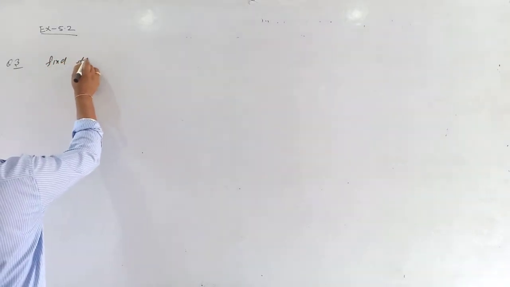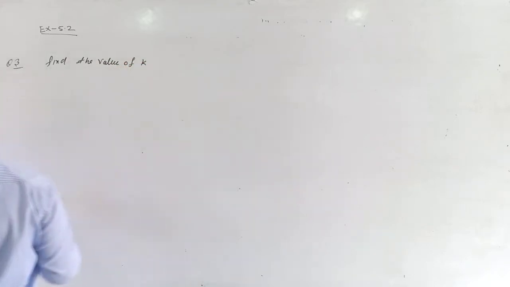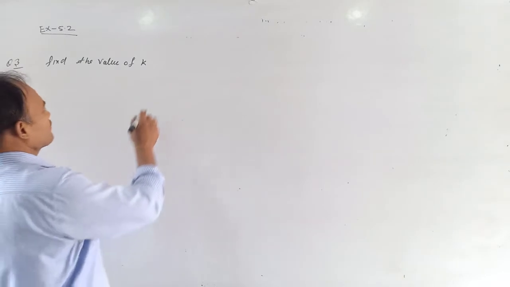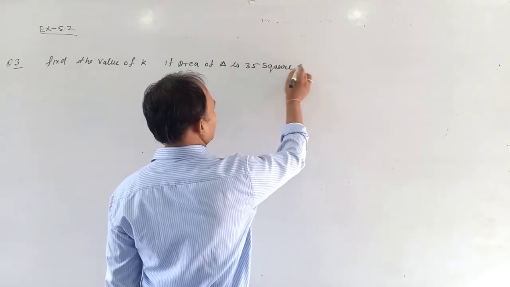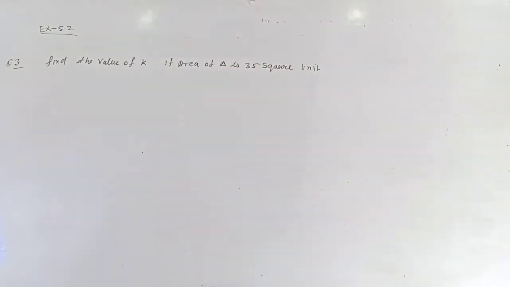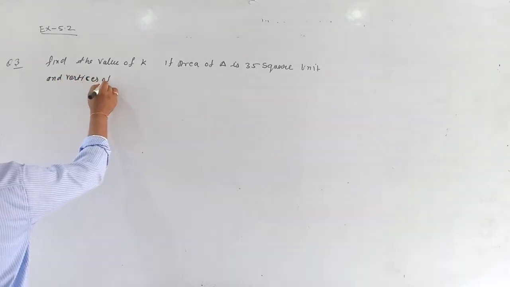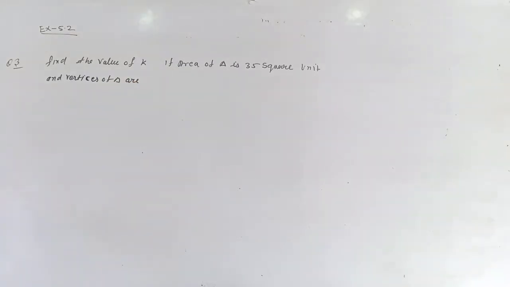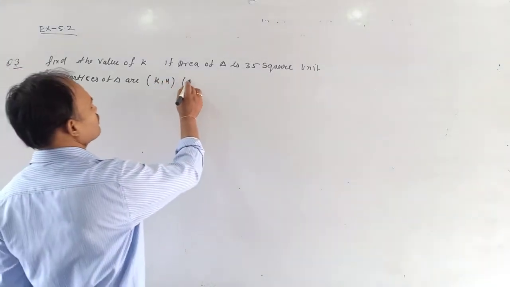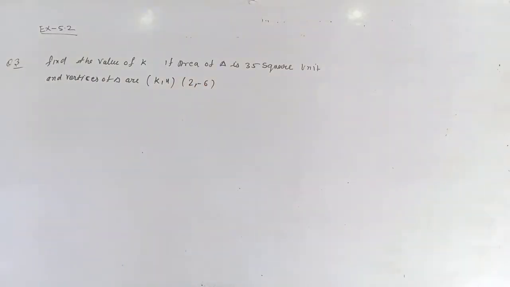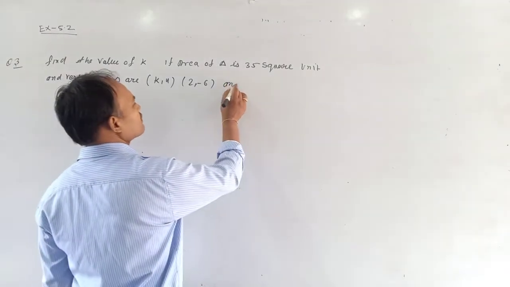Question number 3 is: find the value of k if area of triangle is 35 square unit and vertices of triangle are (k, 4), (2, -6) and (5, 4).